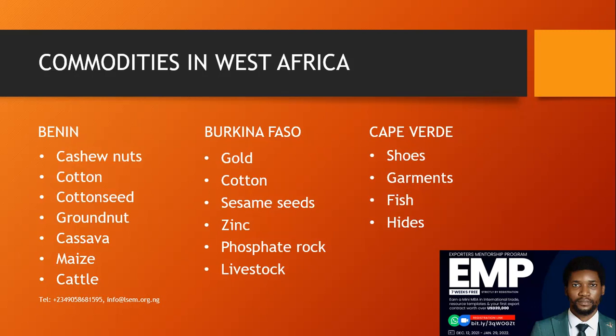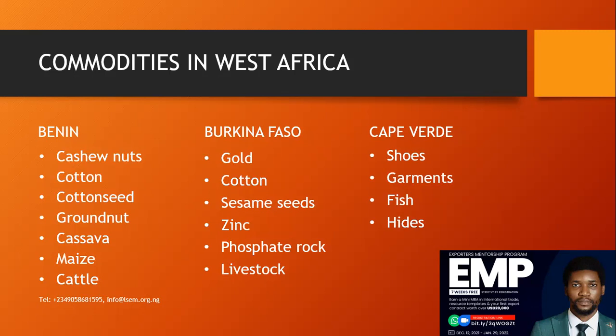So it's not a must that for a particular commodity you are looking at exporting, you move that commodity from Nigeria. For instance, maybe you need processed cashew nuts and you can get it in Benin Republic. Or maybe you need cotton seed, which is abundant in Benin. That doesn't stop you because you are in Nigeria.